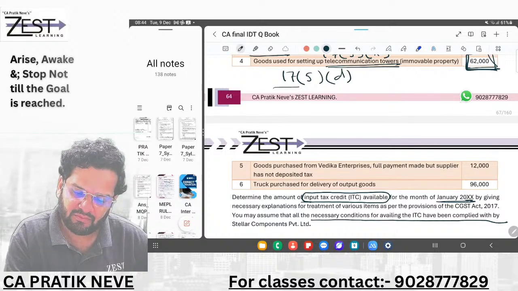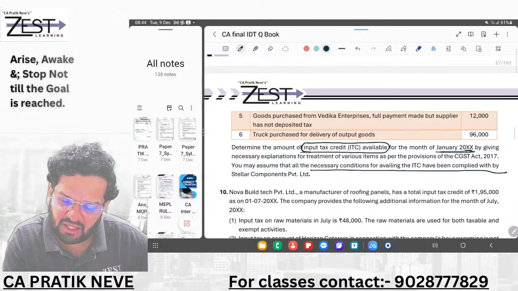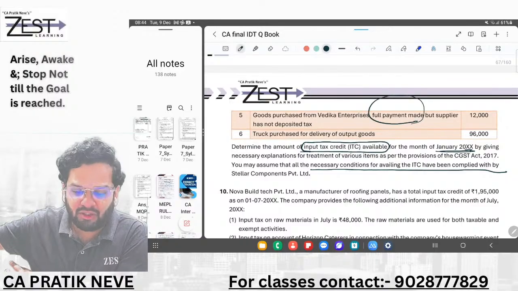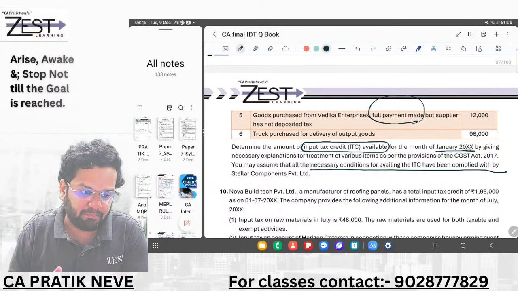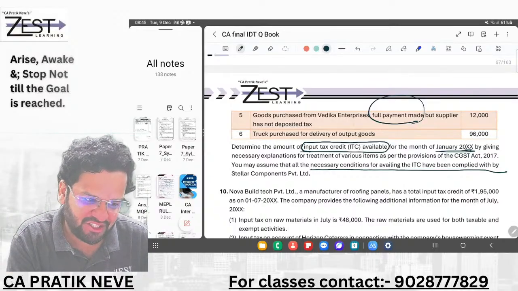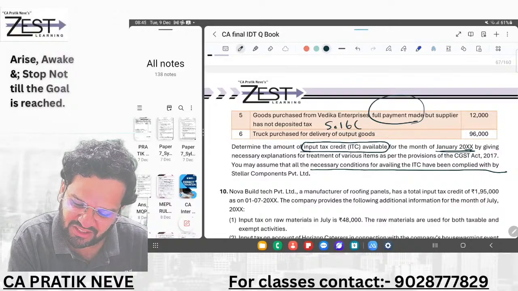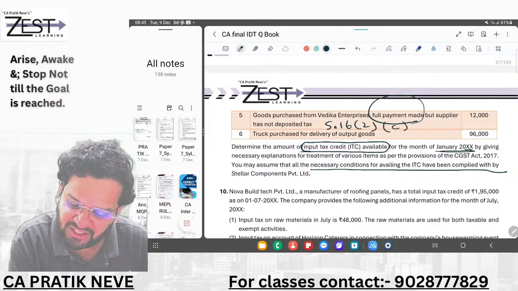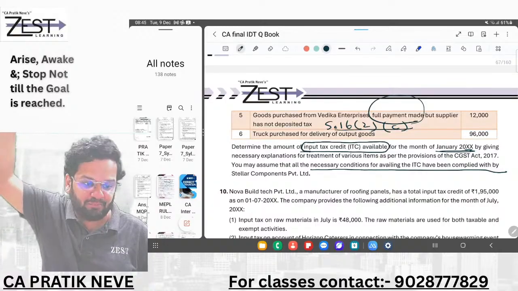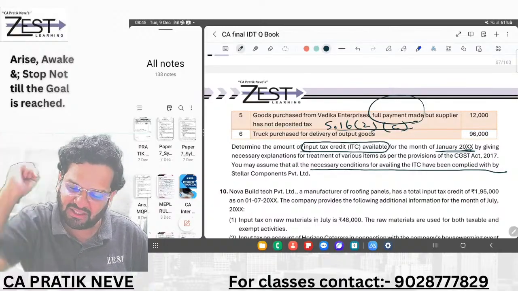17.5(d). Goods purchased from Vedica Enterprises, full payment made. So we made full payment to Vedica Enterprises, but the supplier has not deposited the tax. So the condition of section 16 subsection 2 clause (c), that the tax should have been paid to the government, is not getting satisfied.